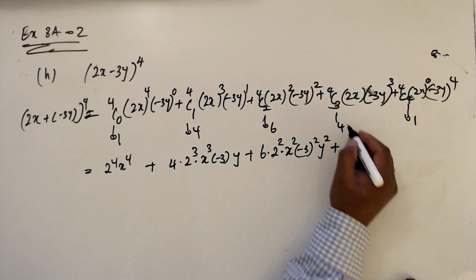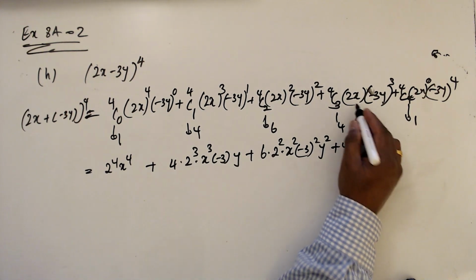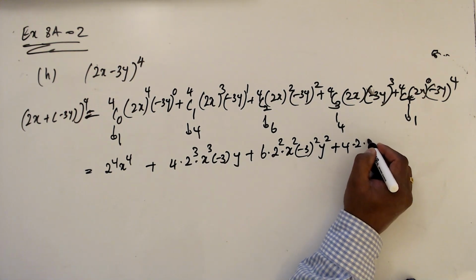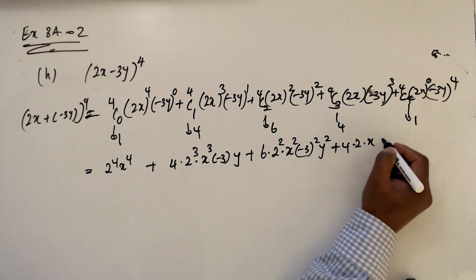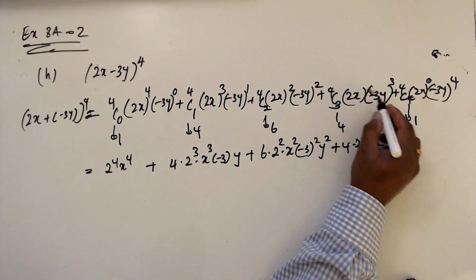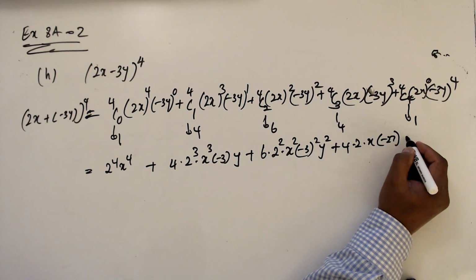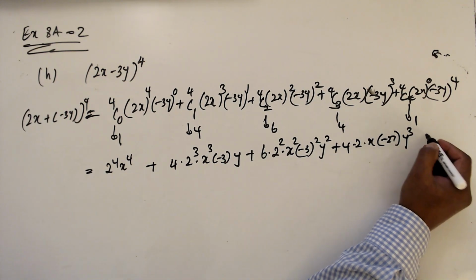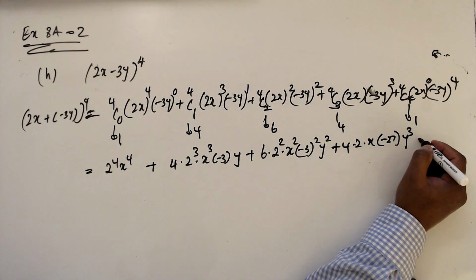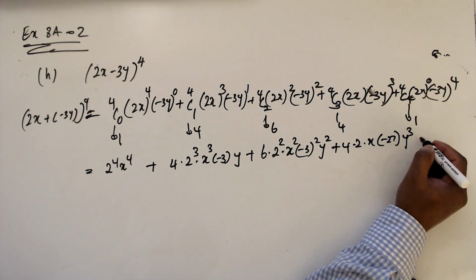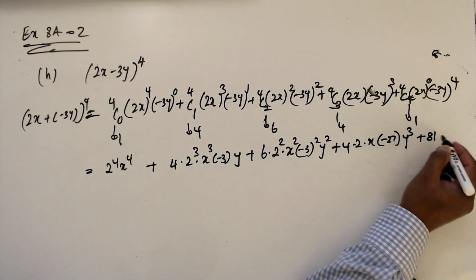This is 4 times 2x times minus 3 to the power cube, minus 27 y cube. Then this is going to be 81 y^4.